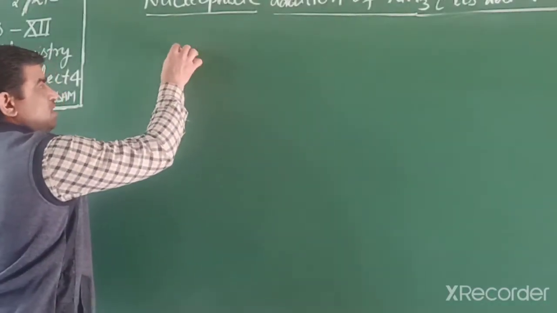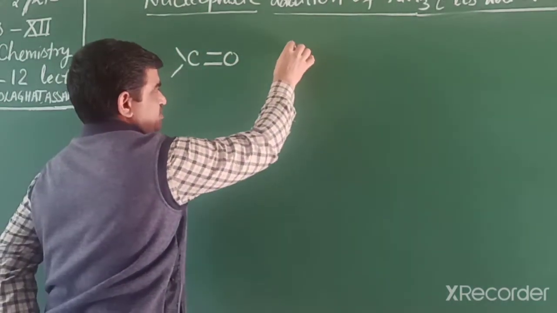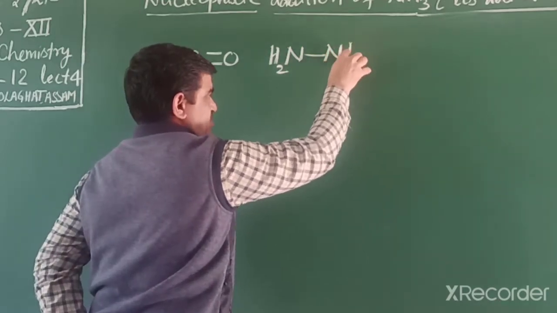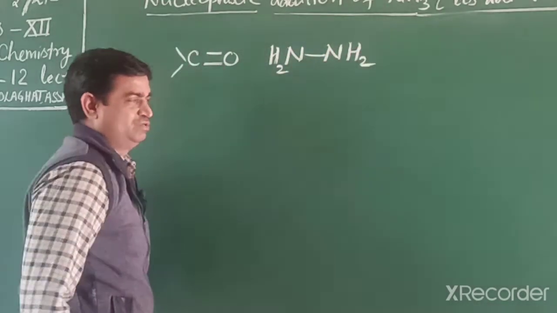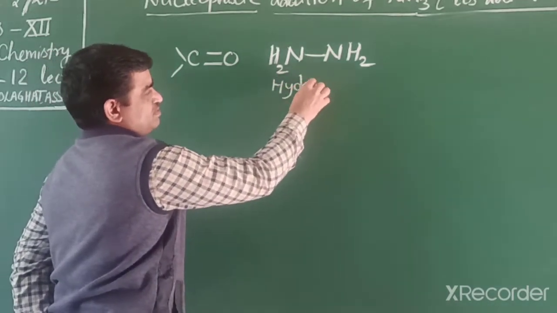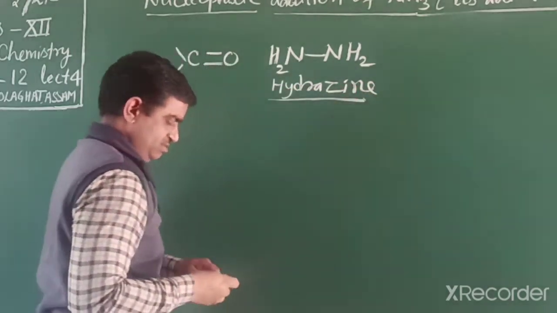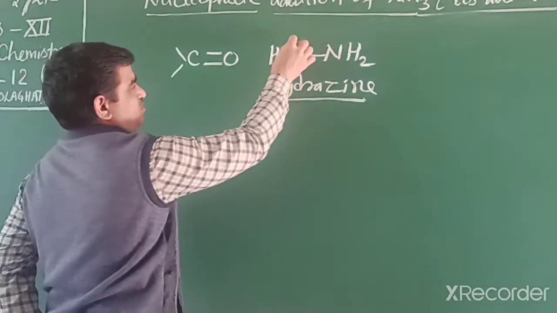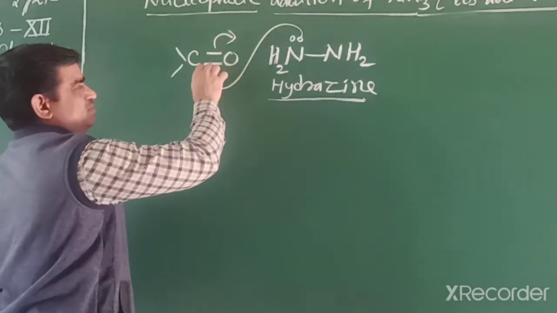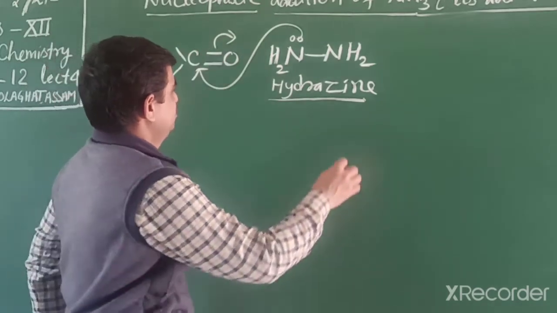When a carbonyl compound reacts with another reagent, NH2 attached to another NH2, this compound is named hydrazine. That one has a special name. It attacks like this, and ultimately we have to remove water, H2O, in this reaction.